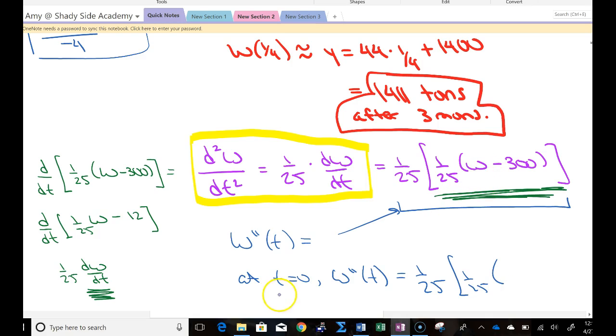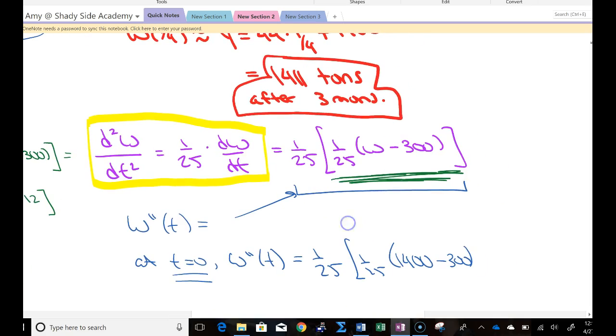Oh, look at this. At t equals 0, what is W? 1400 minus 300. You see what I did there, everyone? I had plugged in t equals 1/4 into W, but no, silly. At t equals 0 is when I want to figure out the sign of W double prime, but at t equals 0, W double prime is not in terms of t, it's in terms of W. So I had to figure out what W is at t equals 0 and then input it in.